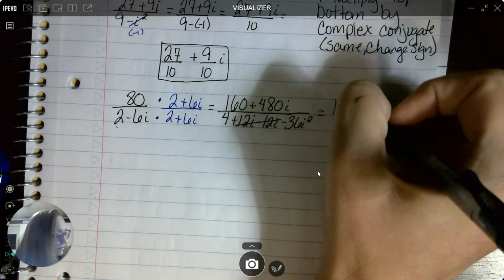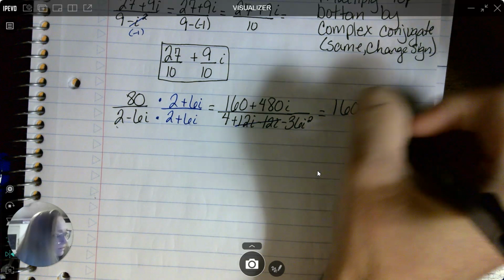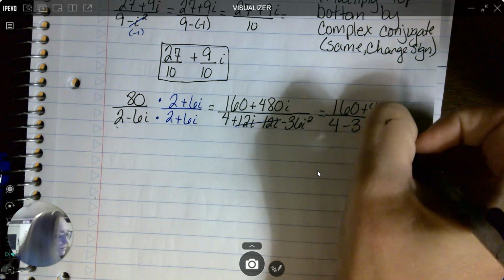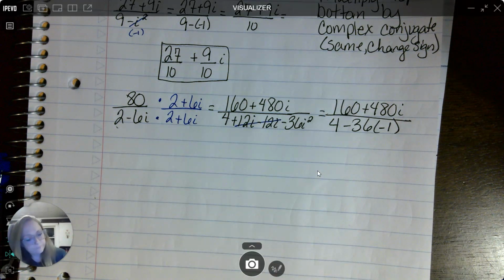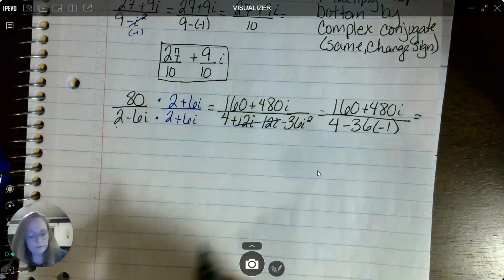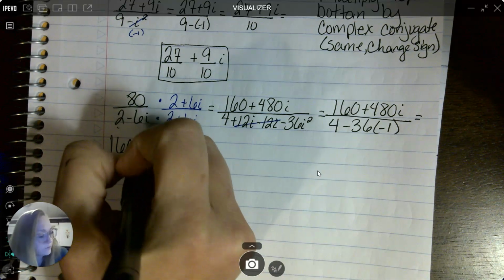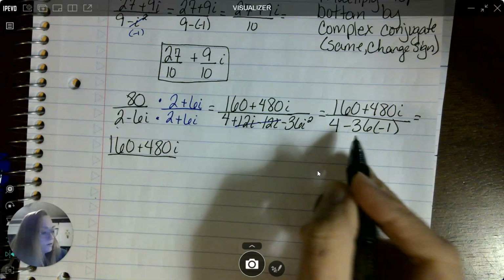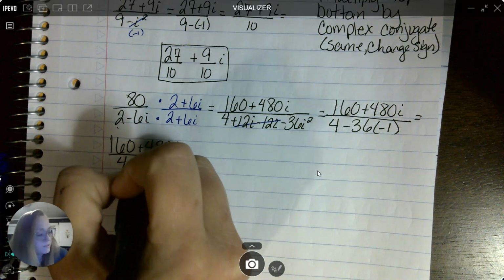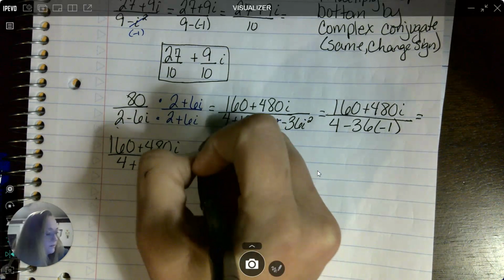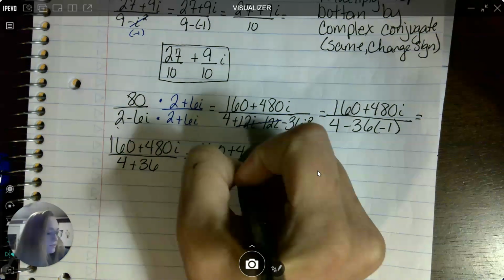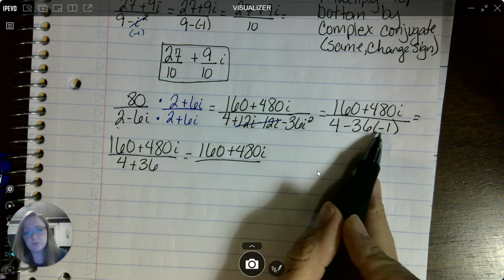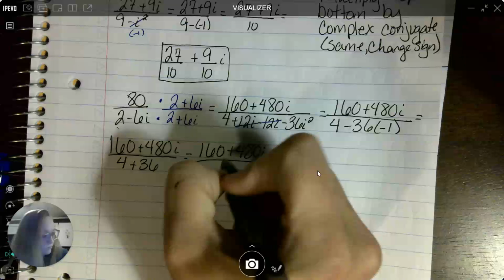So I get 160 plus 480i all over 4 minus 36 times negative 1. Coming down, we get 160 plus 480i all over 4 plus 36. And the more practice we do with this, the more steps you'll be able to skip.